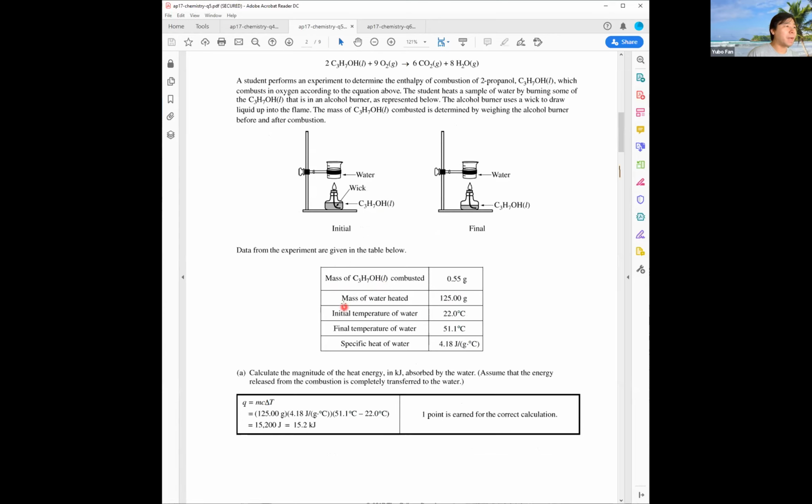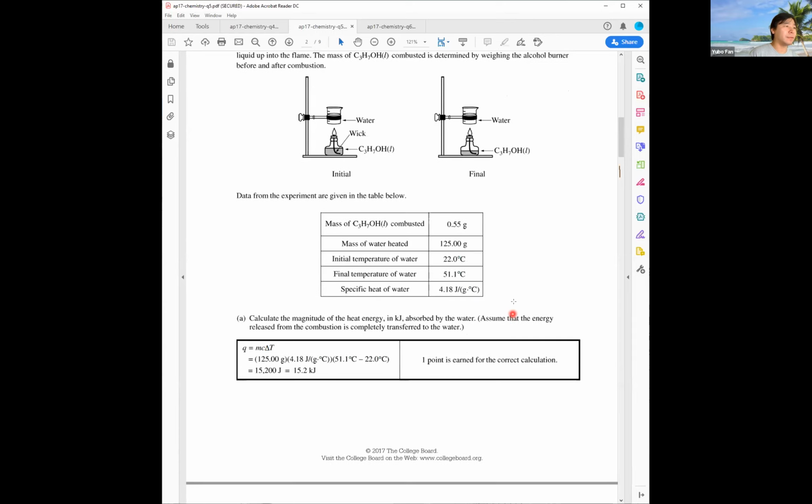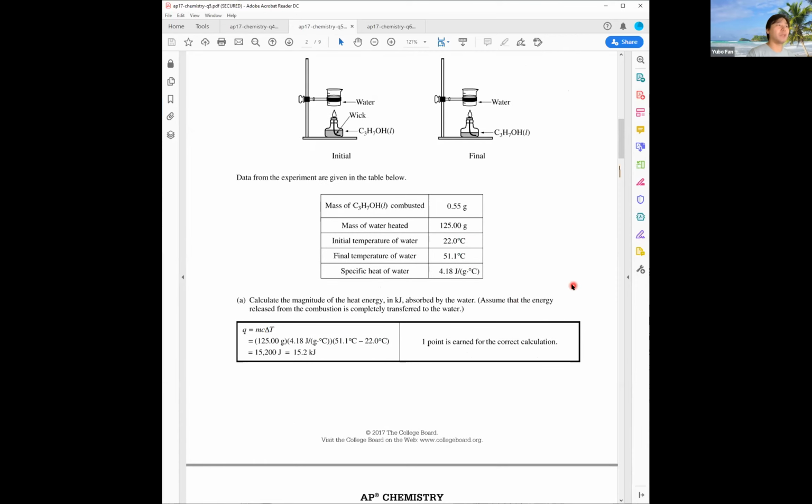For the mass of water heated, you can measure its volume in the beginning or just weigh it directly. The initial temperature is 22 degrees Celsius, the final temperature is 51.1 degrees Celsius, and the specific heat of water is 4.18 joule per gram per centigrade. Then we have all the information for calculations now.